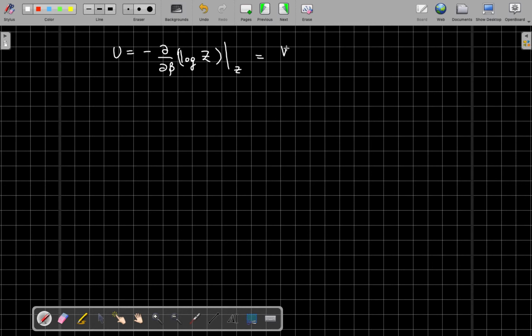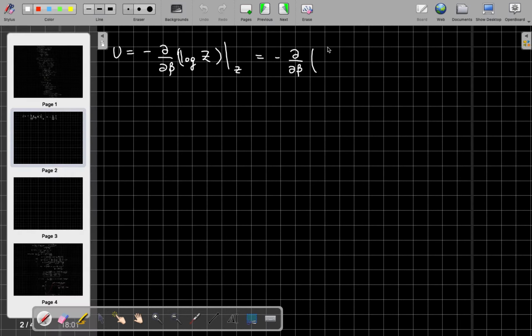So it's going to be equal to minus the derivative with respect to beta of V over lambda cubed g 5/2 of z. Now, we should add the contribution due to the ground state. So this is going to be the energy U of excited states plus U of GS, but the ground state has no energy, so this can't possibly contribute.